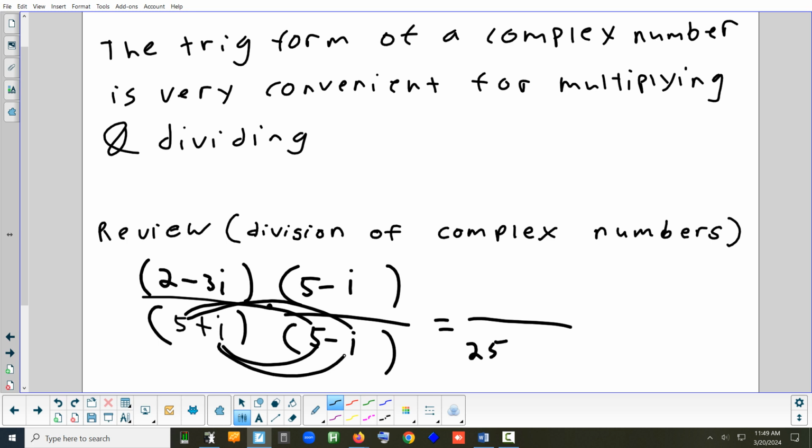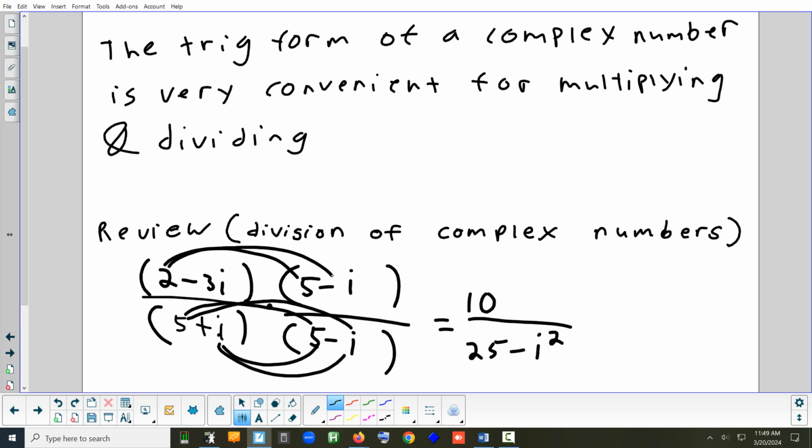Positive i times negative i. Well, what's a positive times a negative? Negative. Negative 1 times i times i. Well, let's leave it just as i times i for now. But just tell me what i times i would be. It would be i squared. Now in the top, what's 2 times 5? 10.